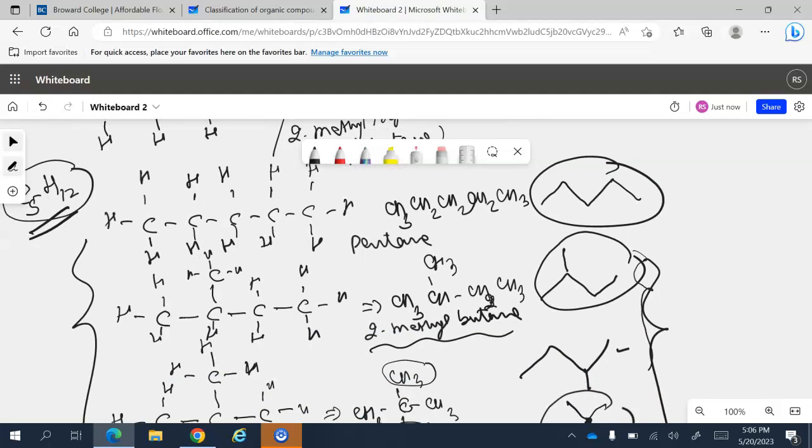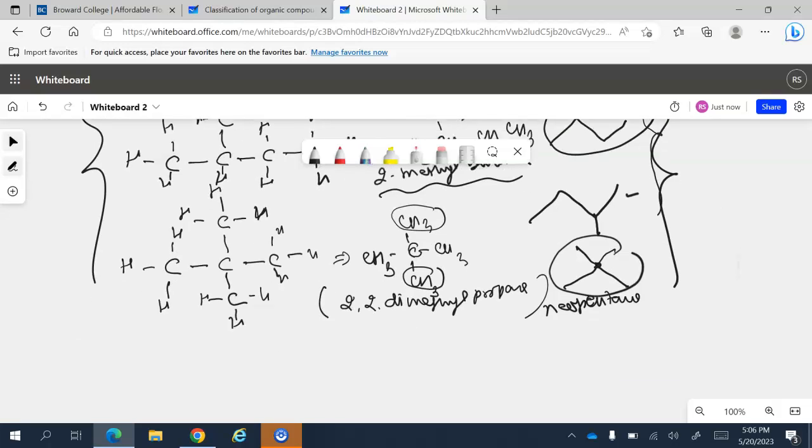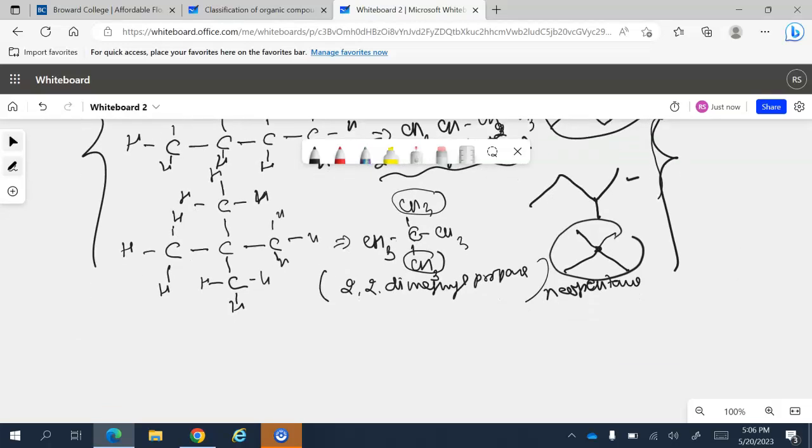Now if you go with hexane, the larger the hydrocarbon chain, the larger the number of constitutional isomers. So constitutional isomers, one more time, will have what?